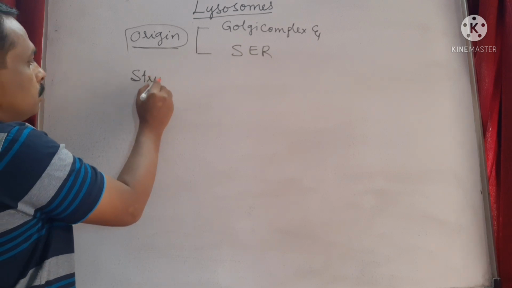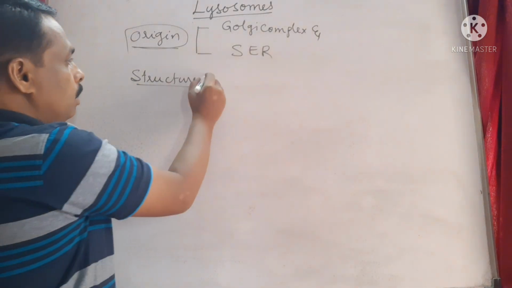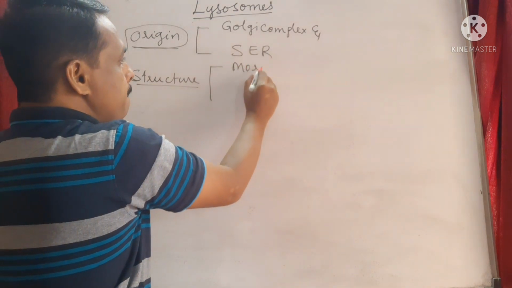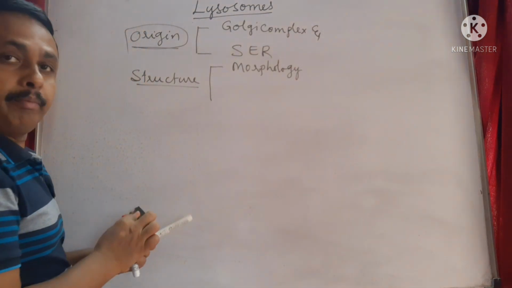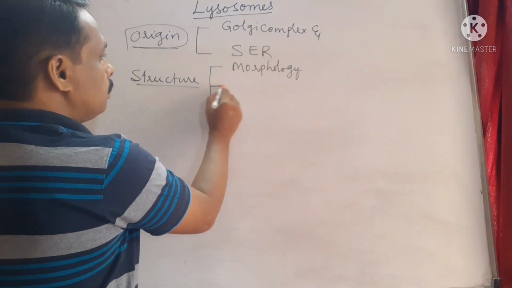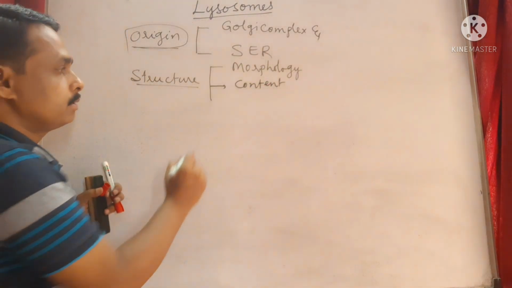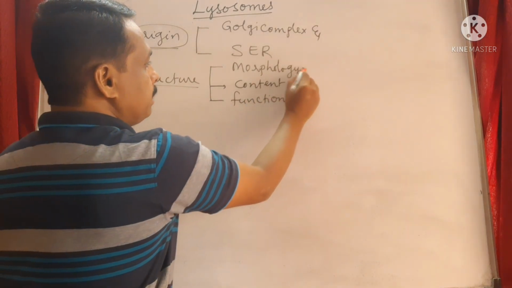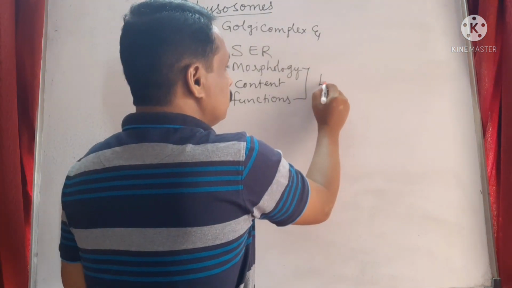Structure of lysosomes. Based on morphology, content, and functions, lysosomes are categorized into 4 kinds.